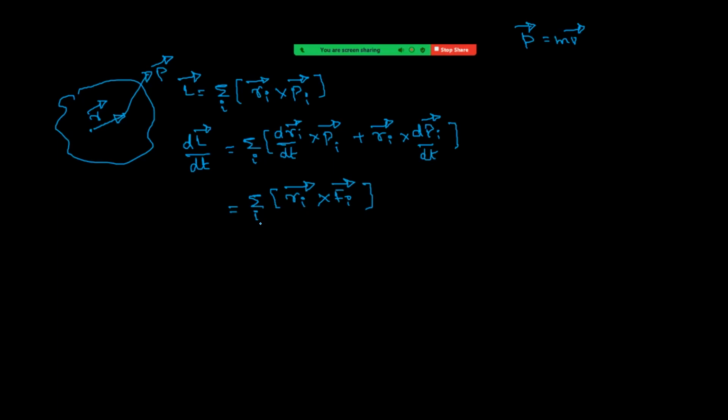Like this, taking the torque on each and every particle, then taking the sum of all these, this is now the net torque. That means net torque is equal to dL bar by dt.